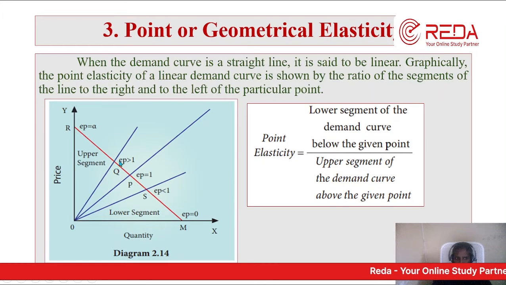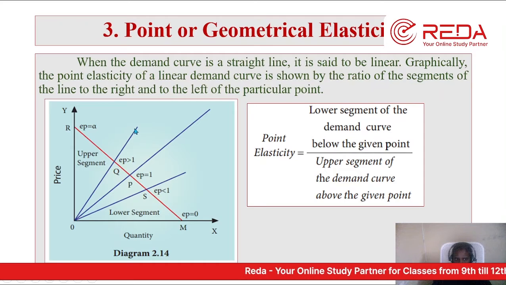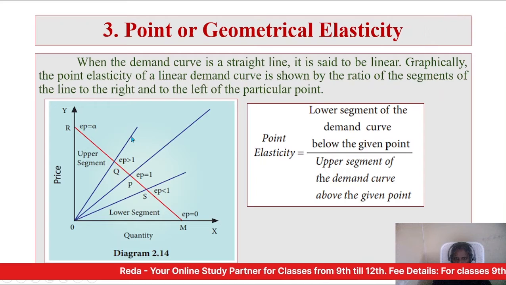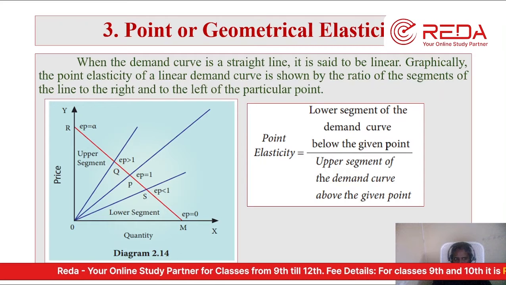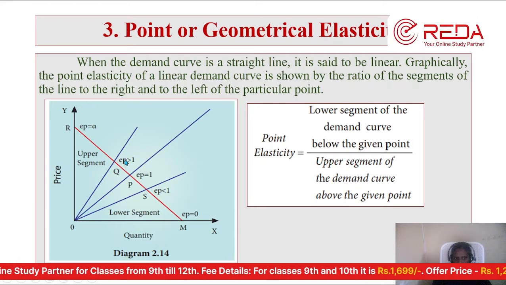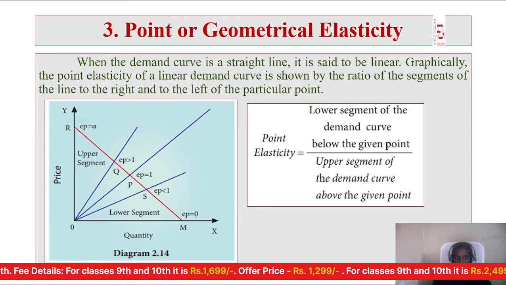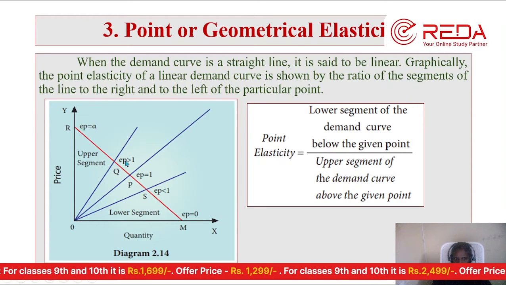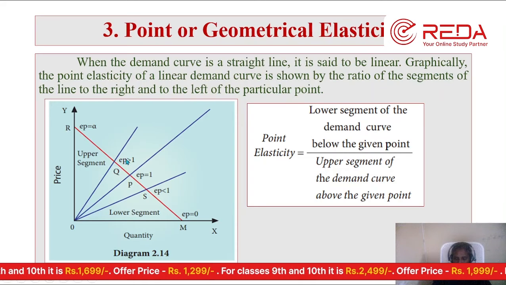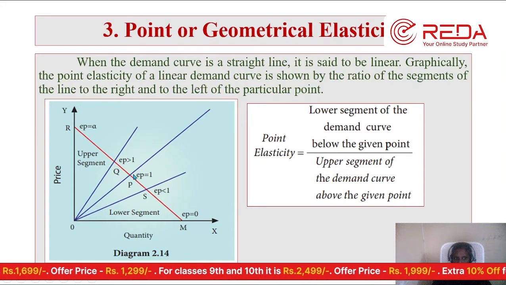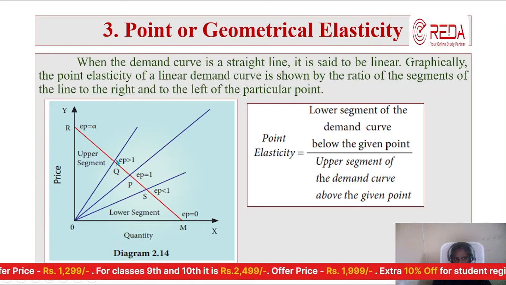Now in case of EP greater than 1, this is another point where we are getting the price elasticity of demand. Here the elasticity is greater than 1, and we say so because it lies above the central point.